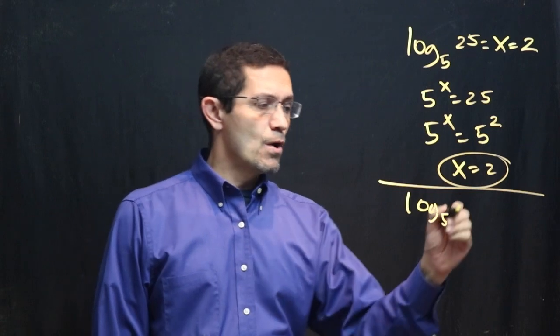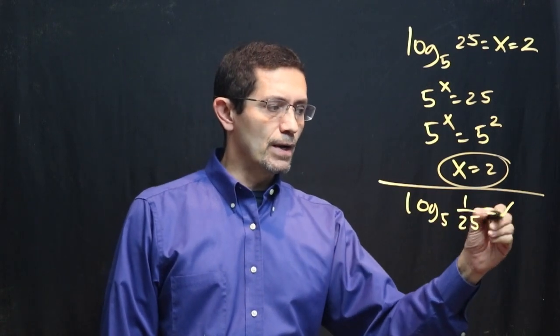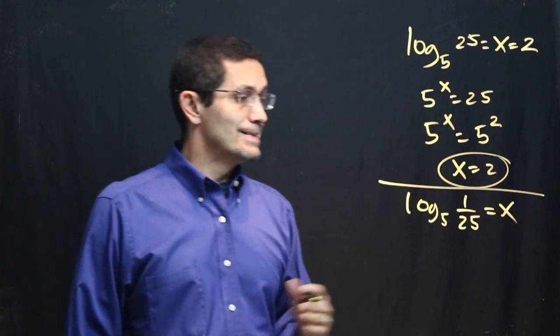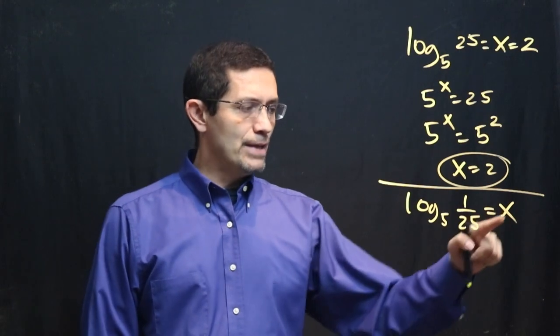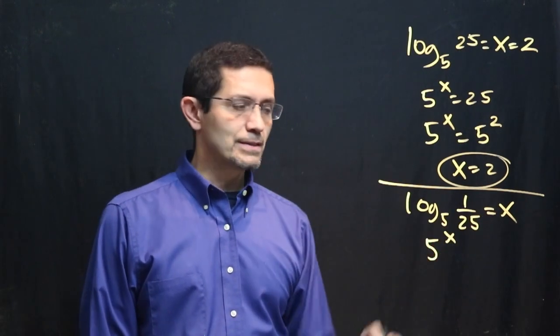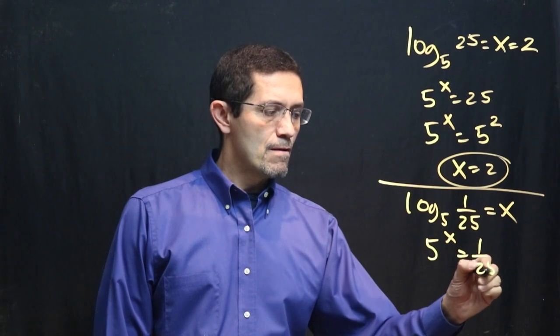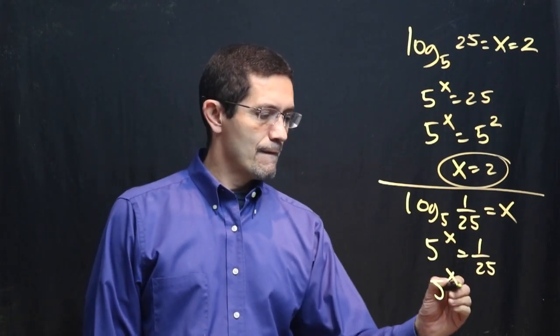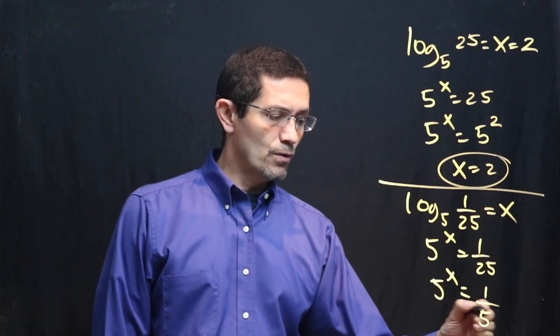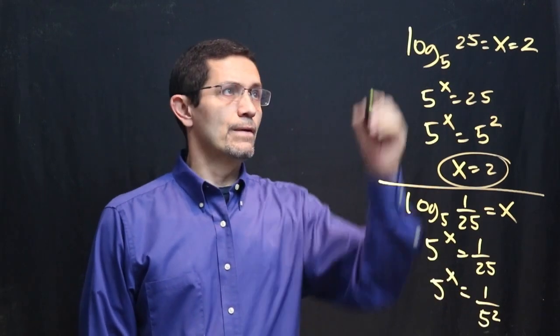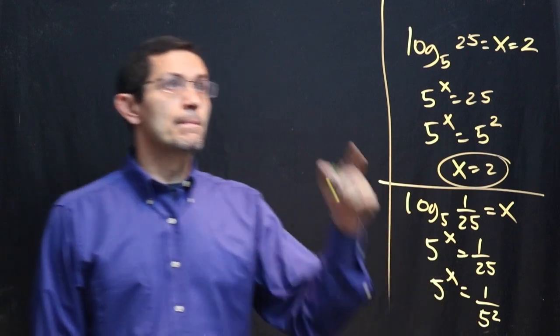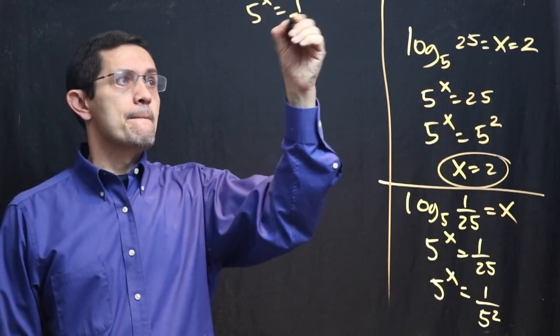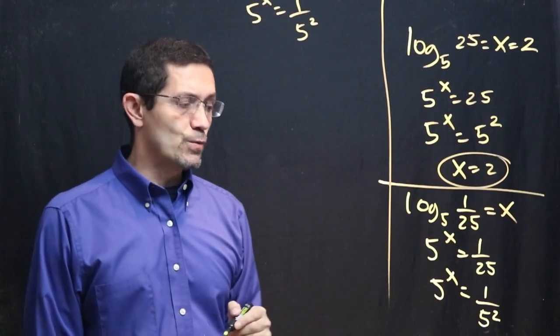Let's move the 25 to the bottom. Log base 5 of 1 over 25. How much is that? Same idea. My base to the exponent, 5 to the x, equals my argument, 1 over 25, which is 1 over 5 squared.